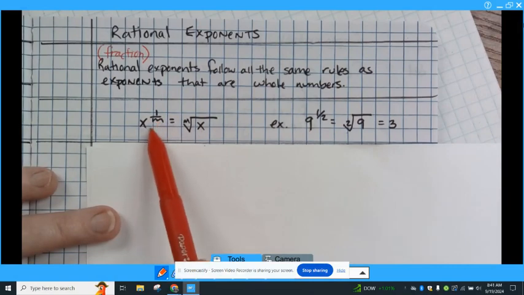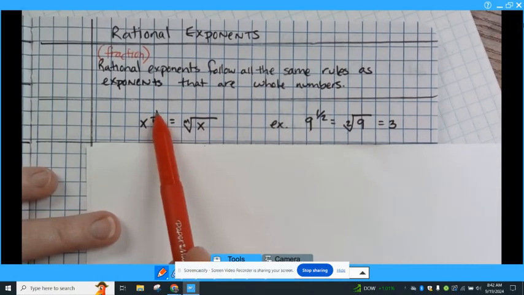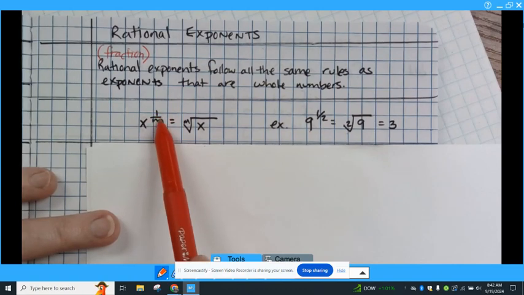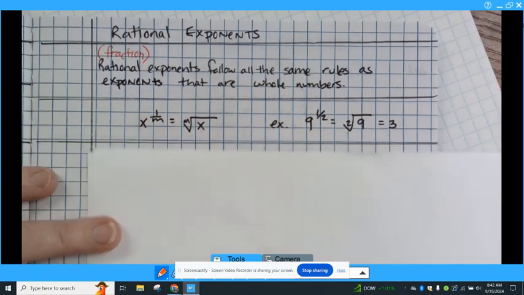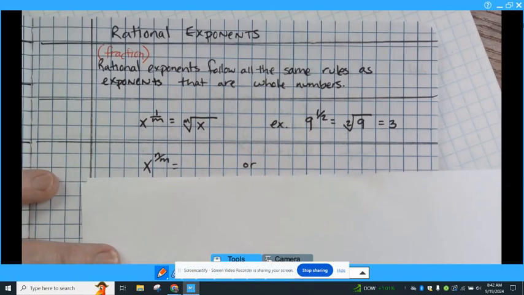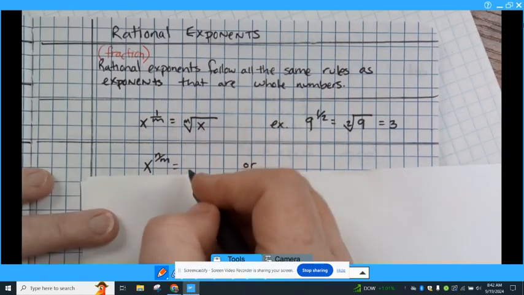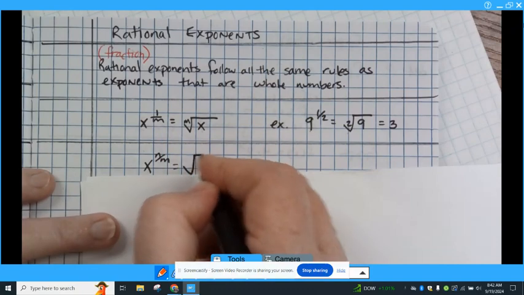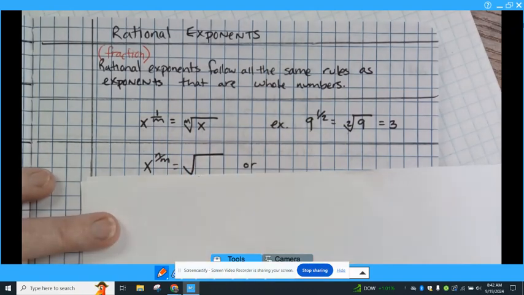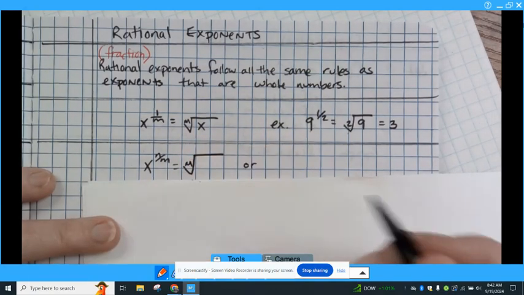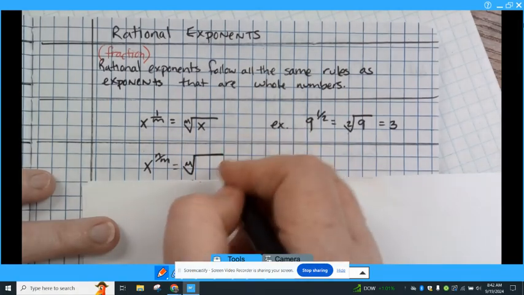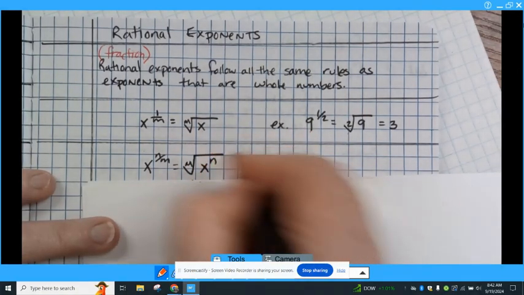What happens, though, when the numerator of your rational exponent is not 1? What if it's some other number? In that case, when you have n over m, your radical is still the mth root, and now it's x to the n.